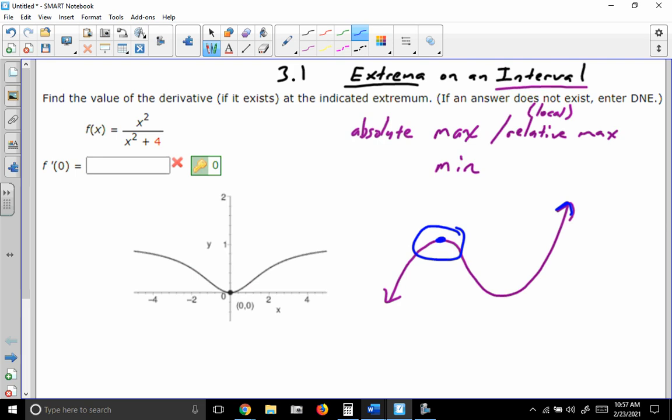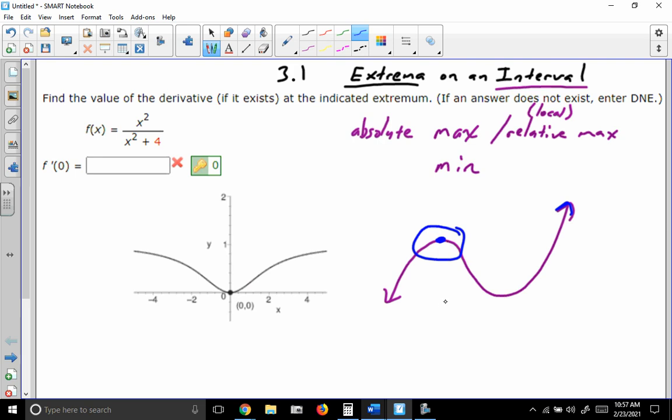Sometimes I use that example that if you look at where your house is located, compared to your neighbors, you might be at the highest point in your neighborhood, but you might not be at the highest point in the entire town. Or even if you are at the highest point in your town, you might not be at the highest point in your county or your state.